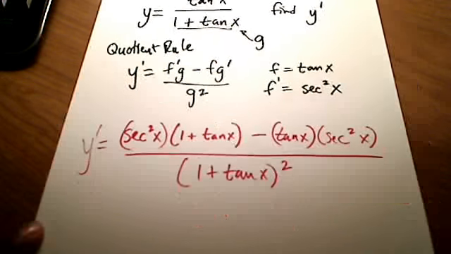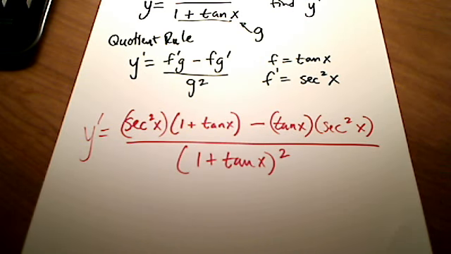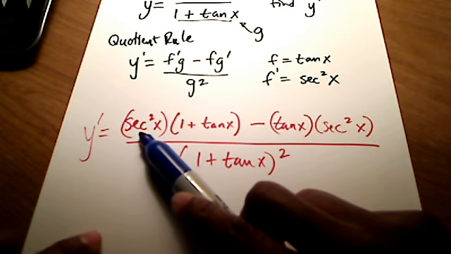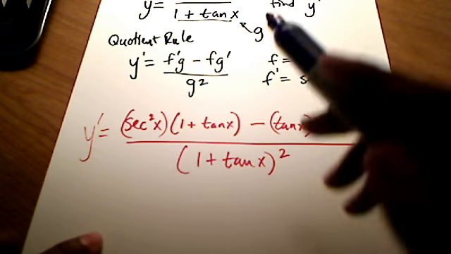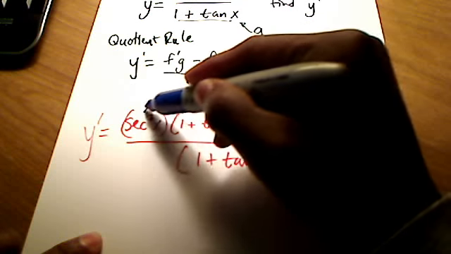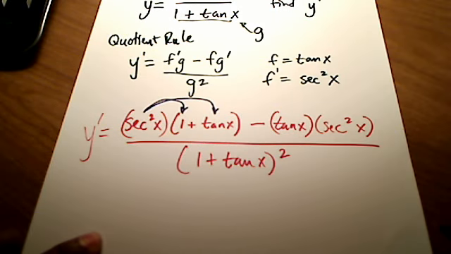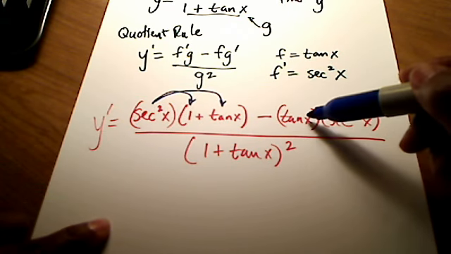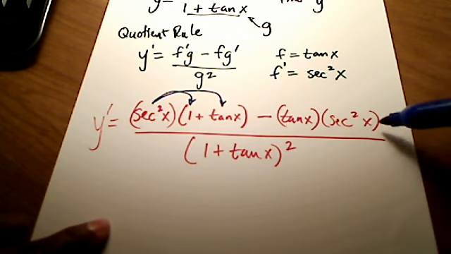We can clean this up a little bit more. In this numerator, I've got secant squared times both of these things, so it's just the distributive property. Since it's just tan x times secant squared x, I really don't need the parentheses.